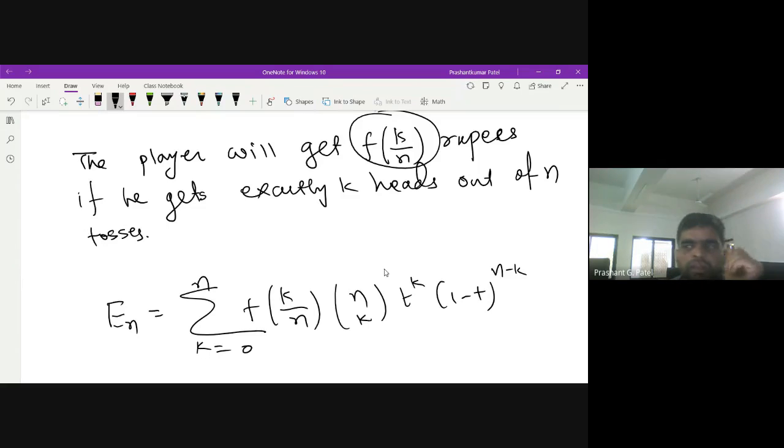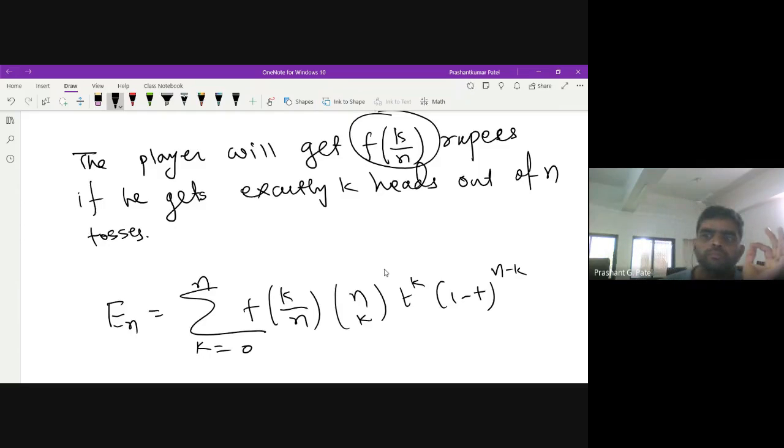And this is nothing but the nth Bernstein polynomial, or the Bernstein polynomial of degree n of f. This is the average, or mean value, of the game of n tosses.